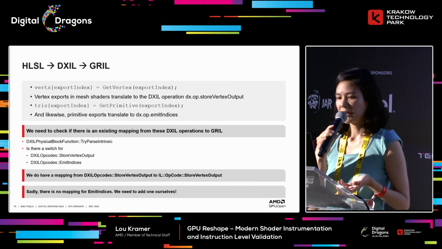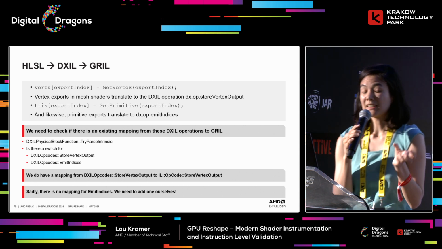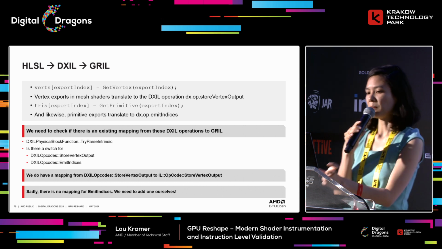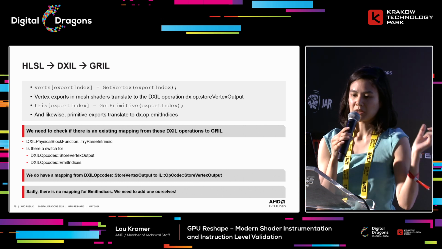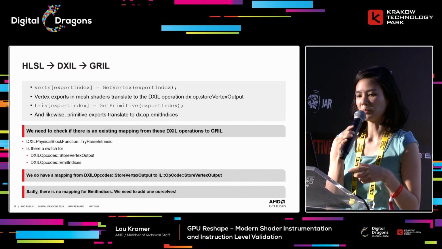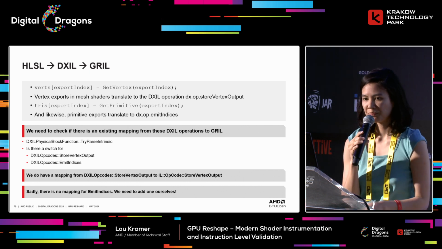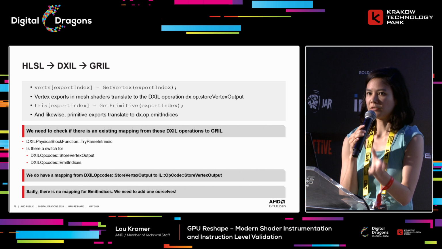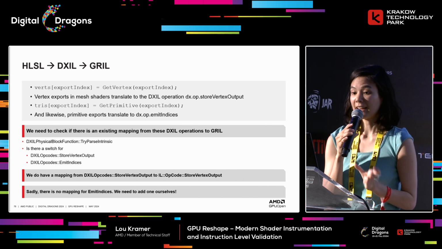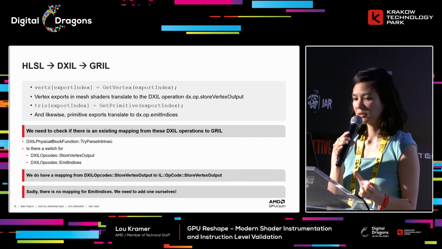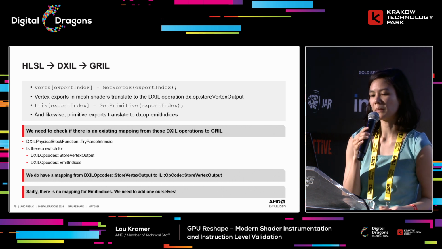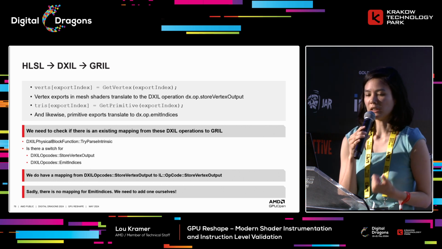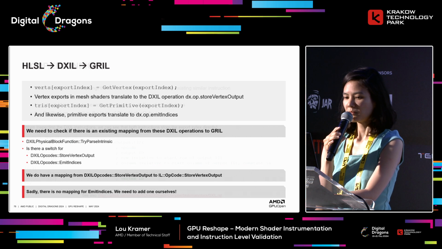Once we have this mapping, we need to check if there's an existing Dixel to GRIL mapping. And we have to check this in this specific file, which is Dixel physical block function, and we just search. We have to search if there's an existing switch. And there is one for store vertex output, but there is none for emit indices.